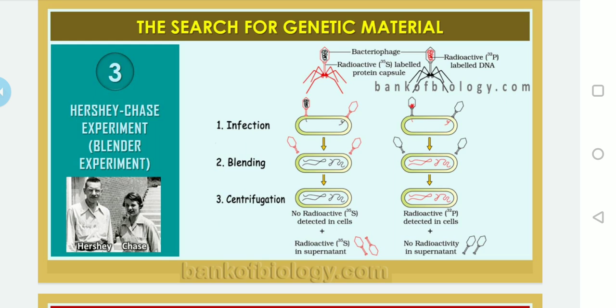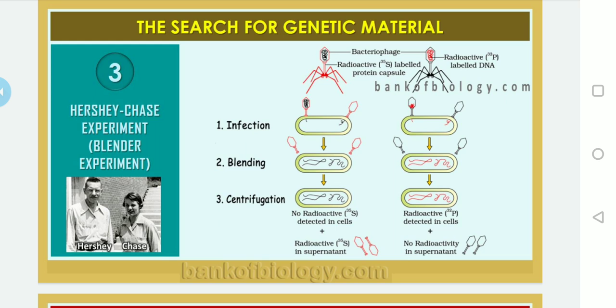Briefly, the bacteria infected with viruses that had radioactive DNA were radioactive, with no radioactivity in the supernatant. And the bacteria infected with viruses that had radioactive protein were not radioactive, but radioactivity was found in the supernatant.